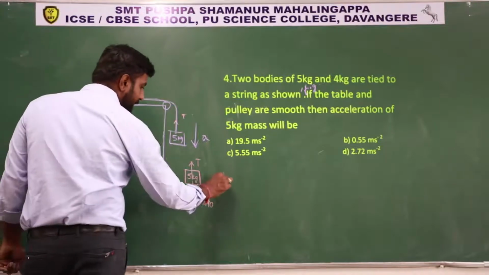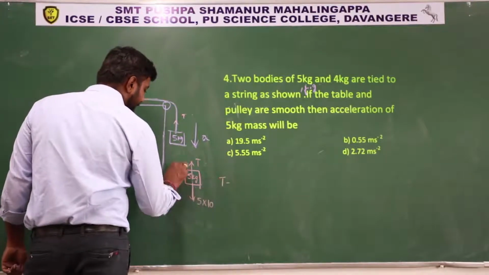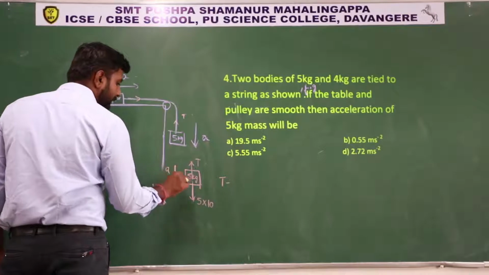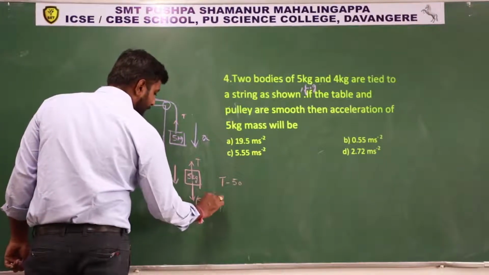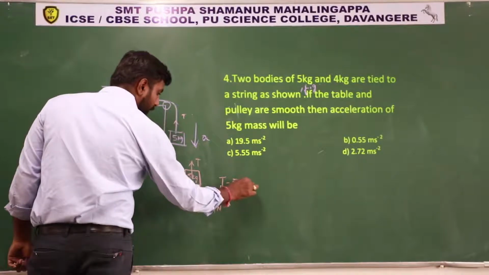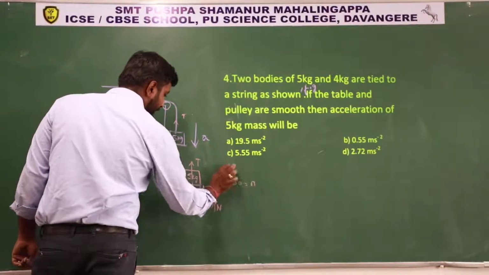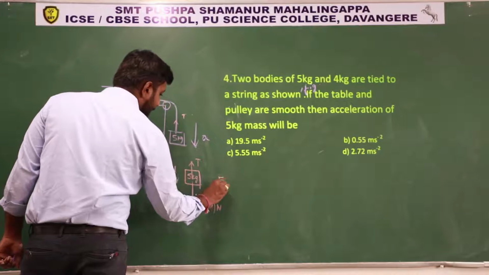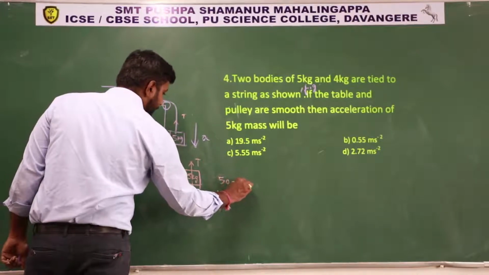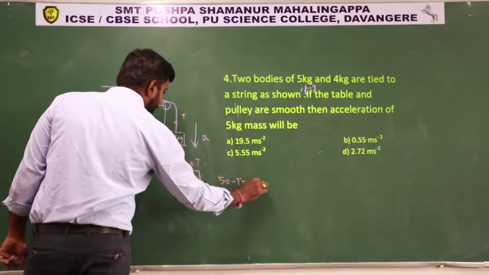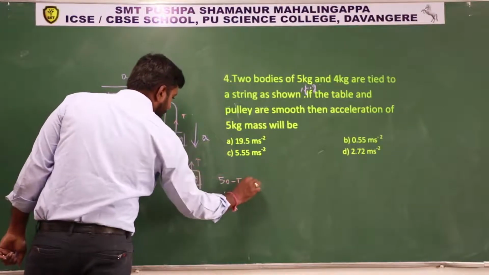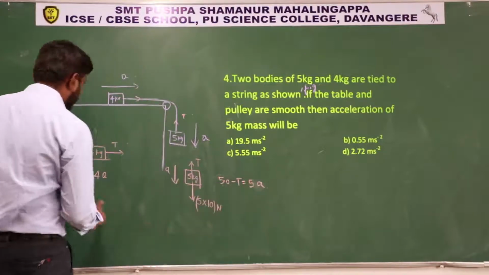And here the acceleration is downward, so 50 minus T equals m into a, m is 5, so 5a.